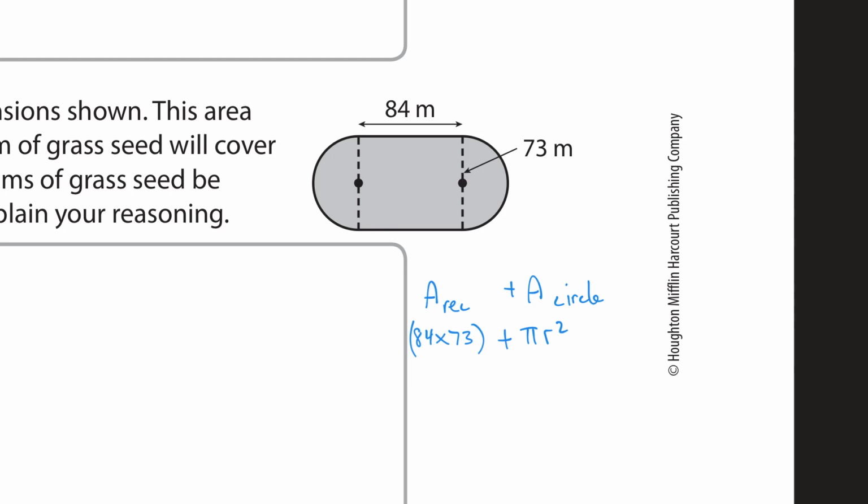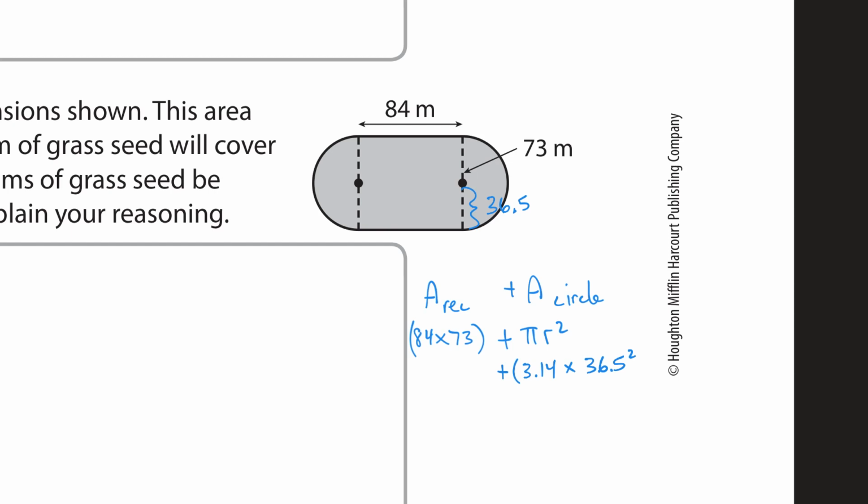So that means the radius is going to be 36.5, because that's half of 73. I'll put this in parentheses for the area of the circle: 3.14 times 36.5 squared.